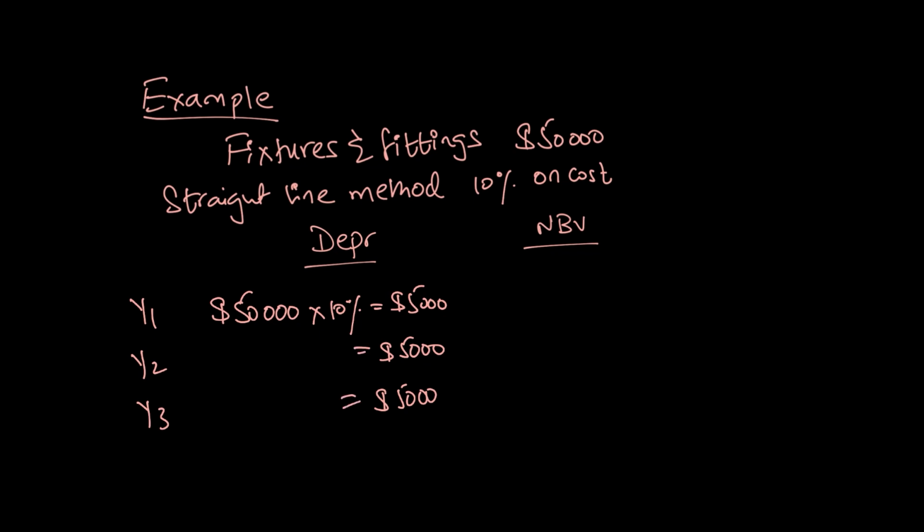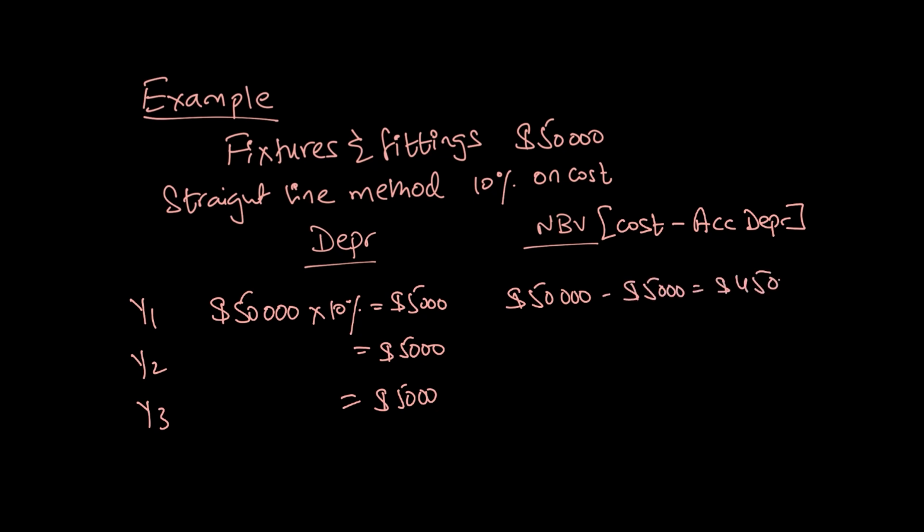However, the net book value will change. Net book value can be defined as cost minus accumulated depreciation, or the total depreciation. So in year one, the net book value will be $50,000 minus 5,000, that will be $45,000. In year 2, the cost is still 50,000, but now the accumulated depreciation is 5 plus 5, that is 10,000.